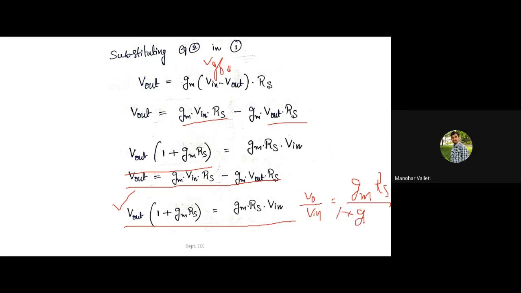So you just assume that if gmRS is much greater than 1, you can neglect the 1, right? So both cancel each other. So the gain of the common drain amplifier, you will get approximately equal to 1 if gmRS is much greater than 1. You will get a voltage gain of common drain amplifier as 1.